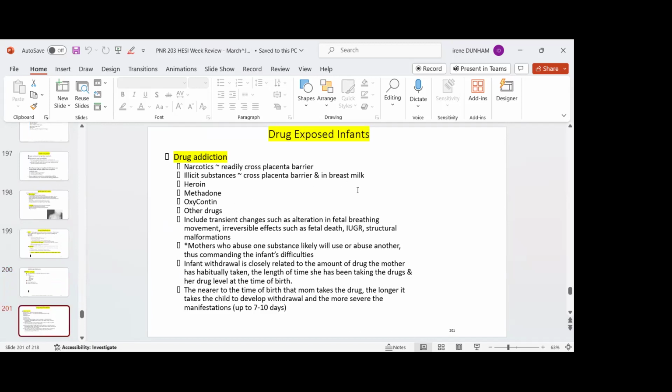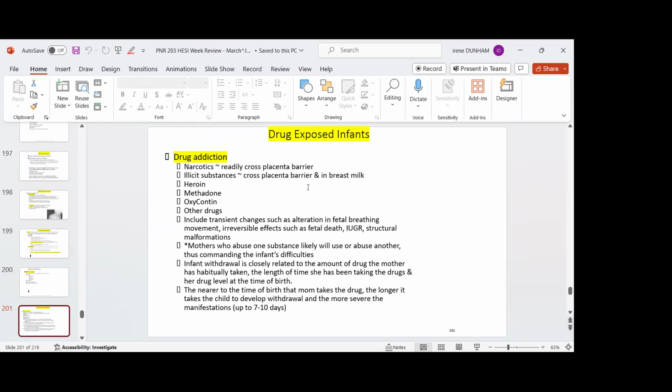Drug-exposed infants. Narcotics regularly cross the placental barrier, as we talked about, and can also be excreted in breast milk. That's why, again, mothers who have taken drugs can't breastfeed.